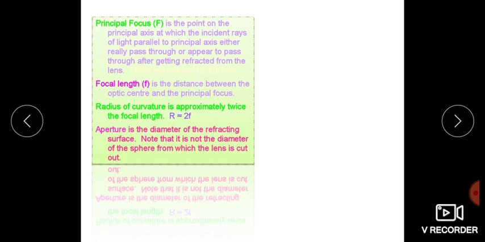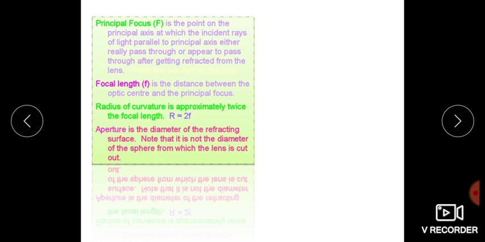Here, in the case of a convex lens, take a parallel beam of paraxial rays. Paraxial means very close to the principal axis. These rays, when passing through the convex lens, meet at a point on the principal axis. They pass through a single point. That concurrent point is known as the principal focus.